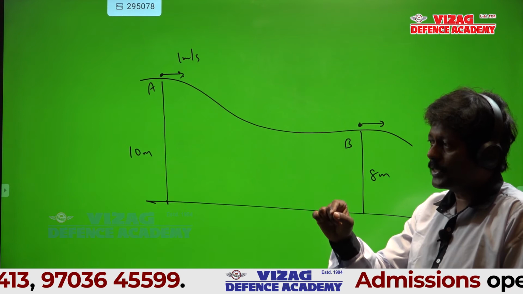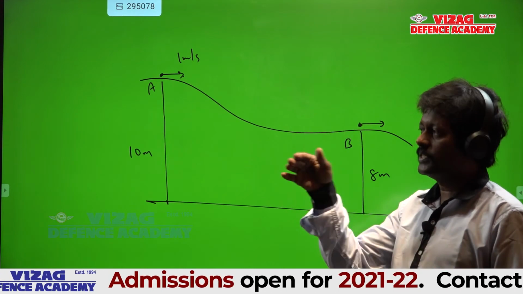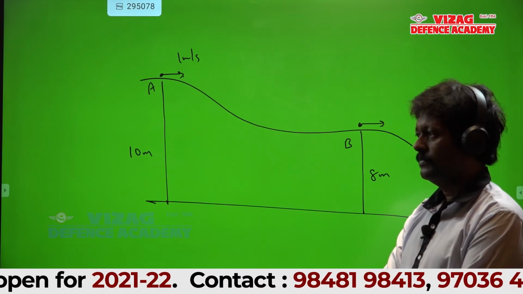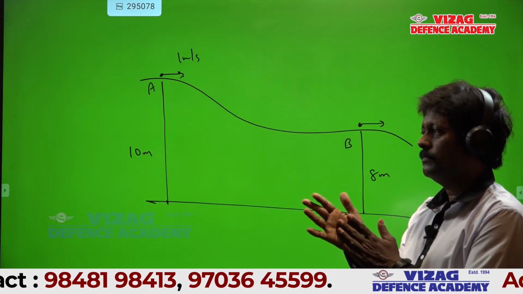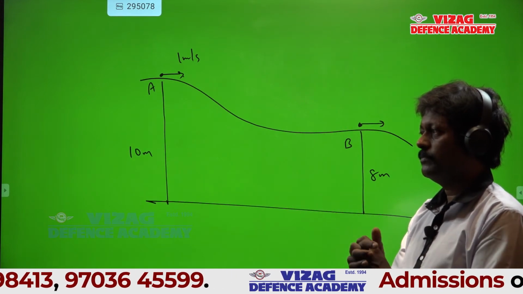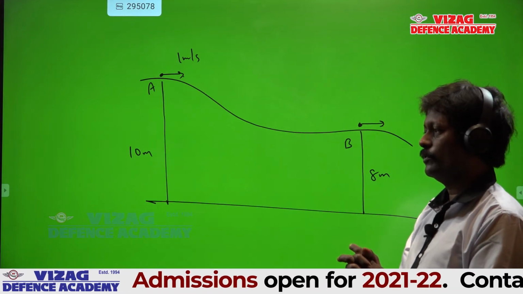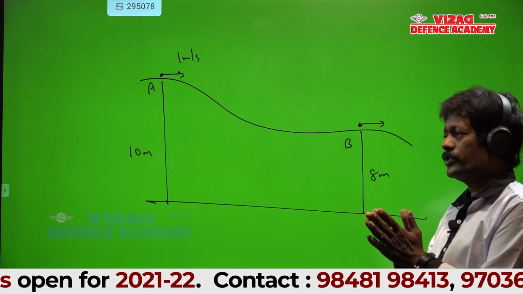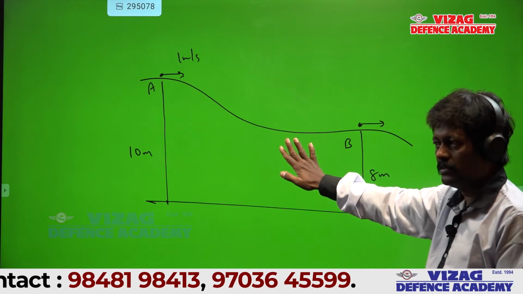The work energy theorem can be used anywhere, whether you have resisting forces or not. Who can tell me the work energy theorem statement? Work done by all the forces on the body is equal to change in its kinetic energy. Very good. Let me use it on a smooth surface, no friction.